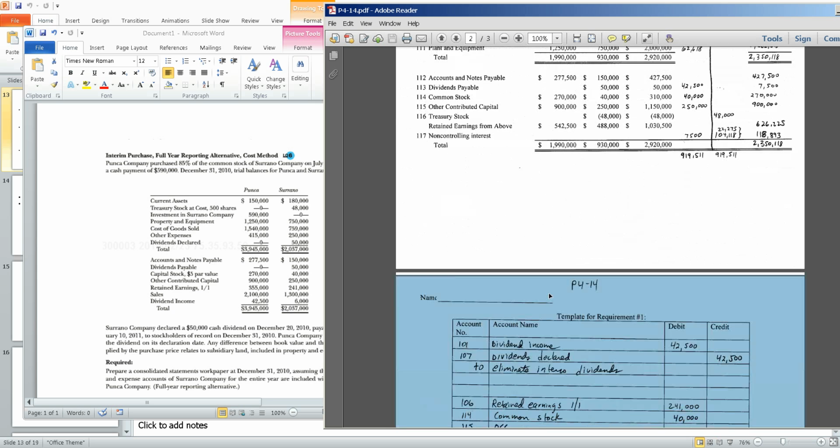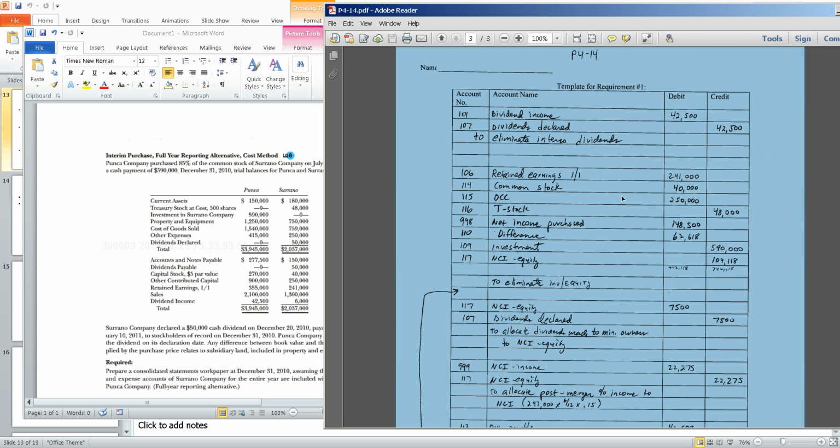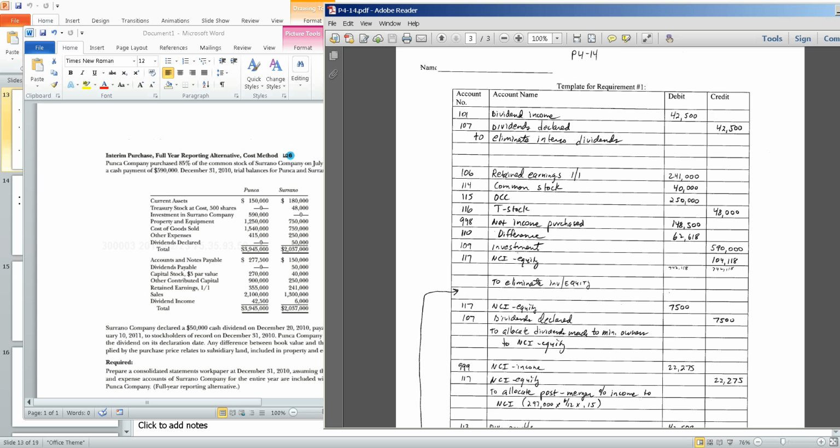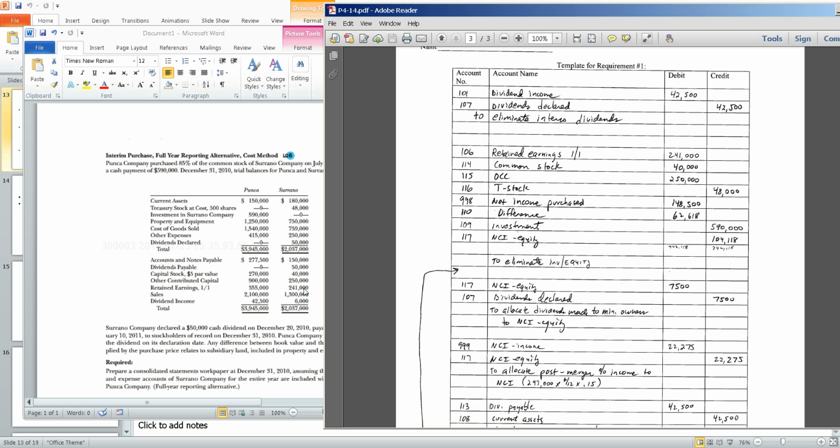So the entry to do that is we're going to debit the sub's retained earnings for $241,000. There it is. We're going to debit the sub's common stock account for $40,000. There it is. We're going to debit the sub's other contributed capital for $250,000. There it is. We're going to get rid of the treasury stock account, which has a normal balance of debit, so we're going to credit it here.